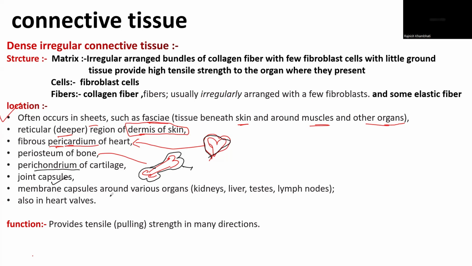Then membrane capsules around various organs. Organs are also laminated on their outside, like kidney, liver, testes, and lymph node. So on their outside a membrane is present, which is the dense irregular connective tissue, and also in the valves of the heart.